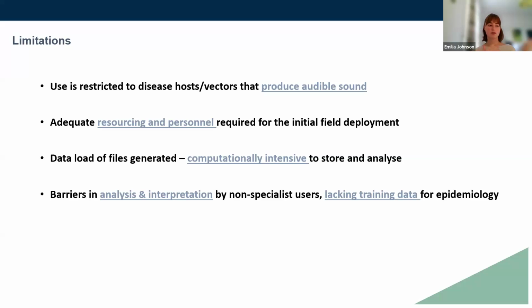But it is obviously limited to disease hosts and vectors that produce sound, and for novel areas or species that aren't typically the subject of biodiversity or conservation surveys, but are a risk for disease. The lack of training data might be an issue, might limit the usability, and might impair the use of supervised learning algorithms in species detection and monitoring.